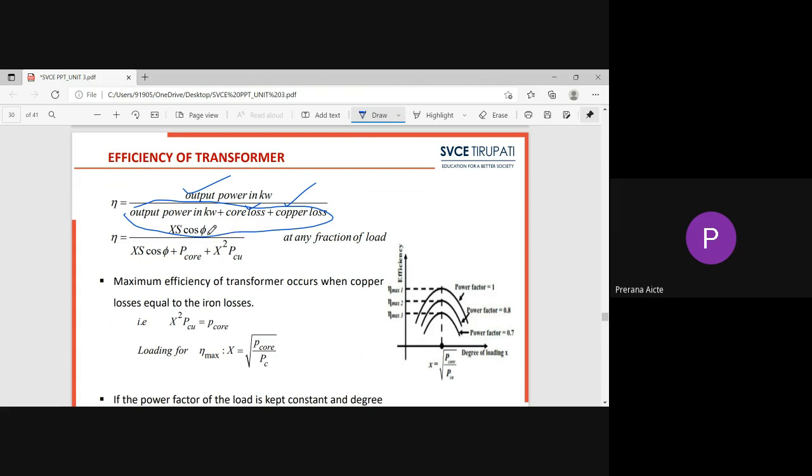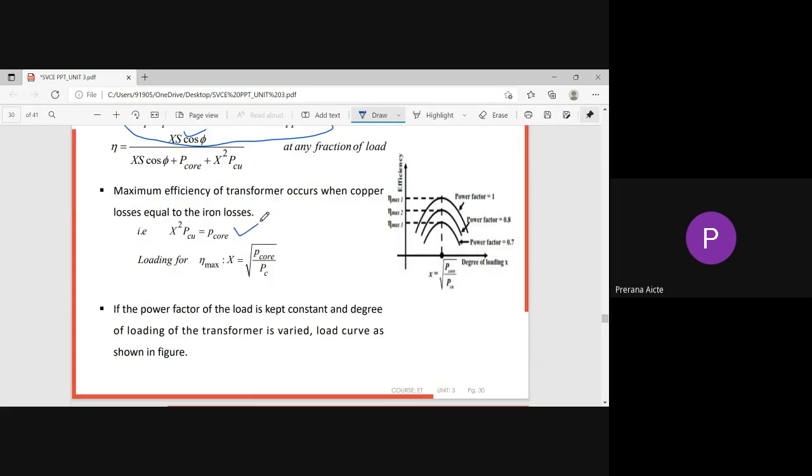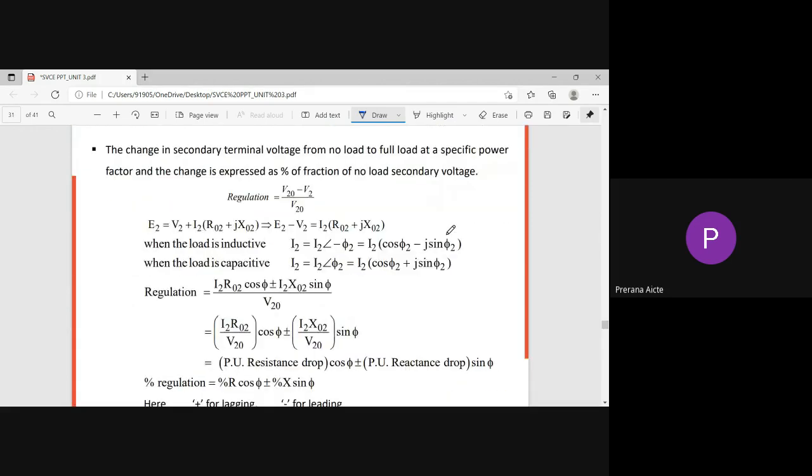So from this we can take the formula V2 I2 cos phi by V2 I2 cos phi plus core losses plus copper losses. We can obtain the equation that when iron losses equal copper losses, we get the maximum efficiency. See here, it is an efficiency curve. At this point, iron loss is equal to copper loss.